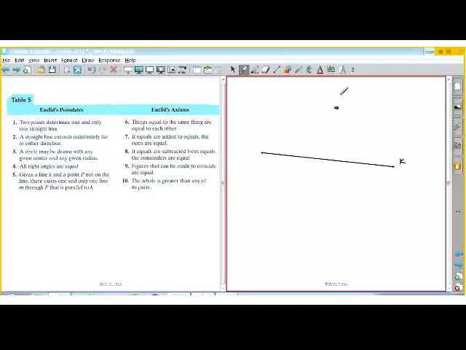This is line K. Given a line K and a point P not on the line, there exists one and only one line M. So there's another line somewhere. Actually, let me just clone this thing. So there's another line M through P that is parallel to K. So it's basically saying there's a unique line that's parallel to K that goes through this particular point P.